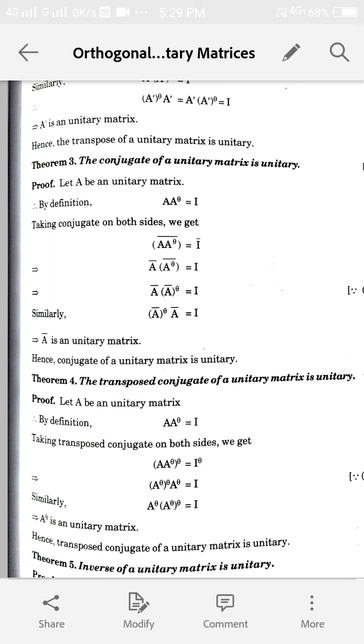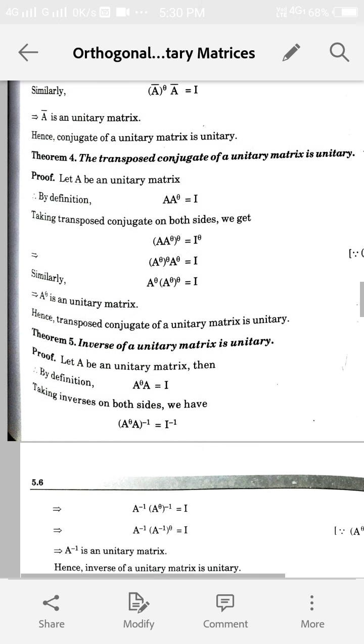So taking conjugate on both sides, we are here with A conjugate into A theta conjugate, that will be equal to identity conjugate, and identity conjugate will be the same as the identity matrix. So from here we see that A conjugate into A conjugate theta comes out to be an identity matrix. So from here we can say that A conjugate will be a unitary matrix.